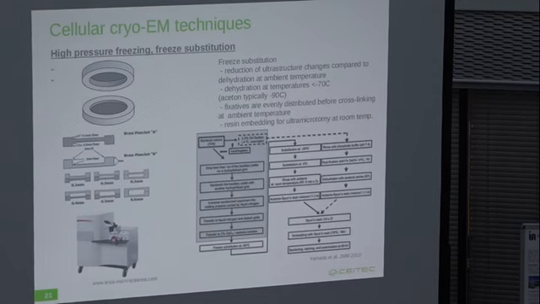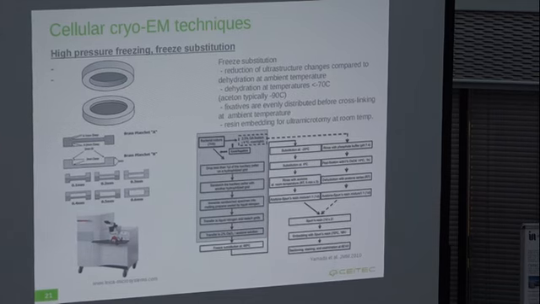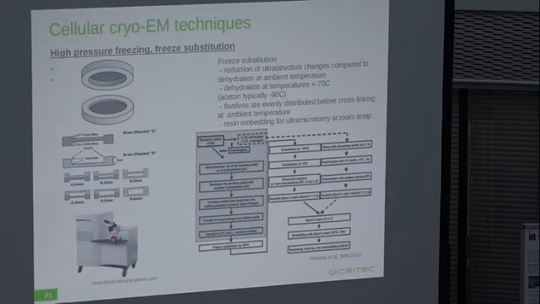Subsequently, the acetone is replaced with the resin, and you can again bake such samples to do the block face imaging at room temperature, which brings the advantage of preservation of additional ultrastructure information, which may be lost due to the dehydration when the samples are prepared at room temperature from the very beginning.